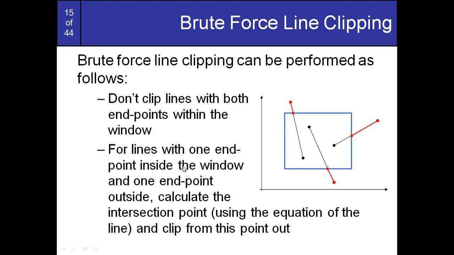For lines with one endpoint inside the window and one endpoint outside, we need to calculate the intersection point using the equation of the line and clip from this point out. Now using this brute force method, if some portion of the line is outside this window, then using the equations of the line we need to compute the intersection point, and it basically involves extending the line to the outside extents of the window.